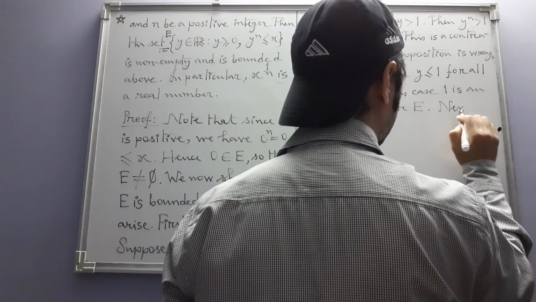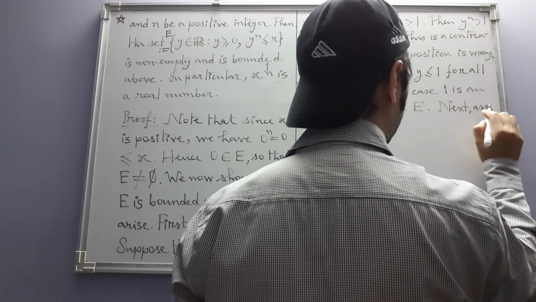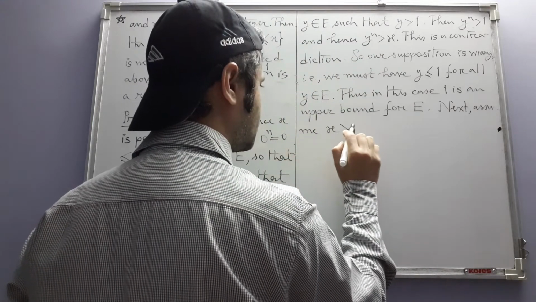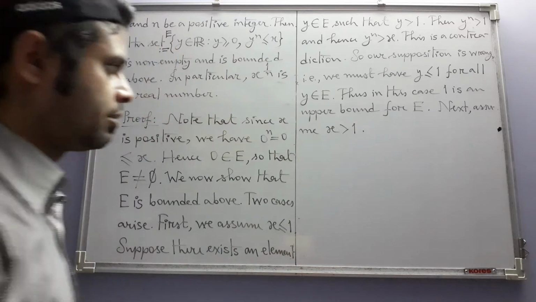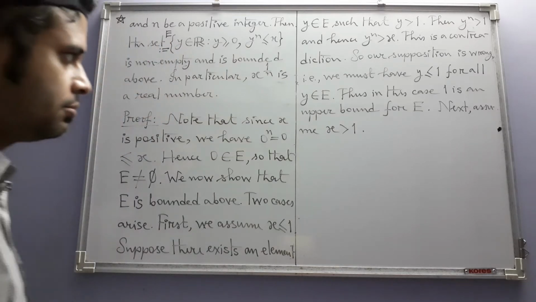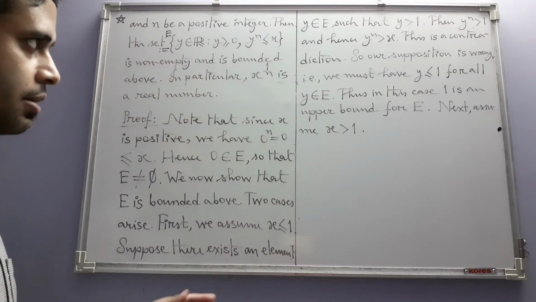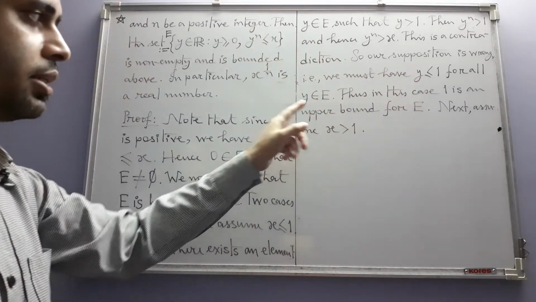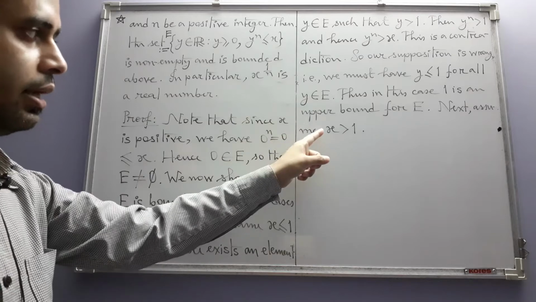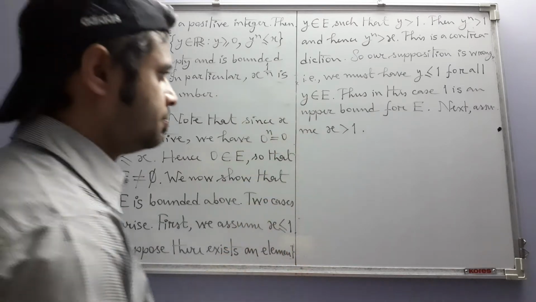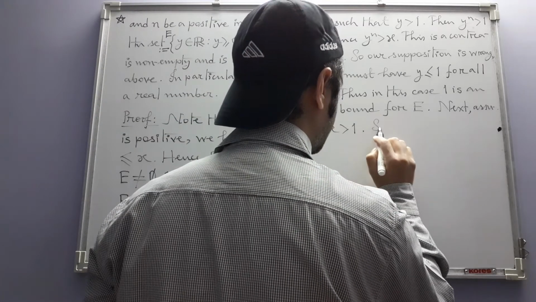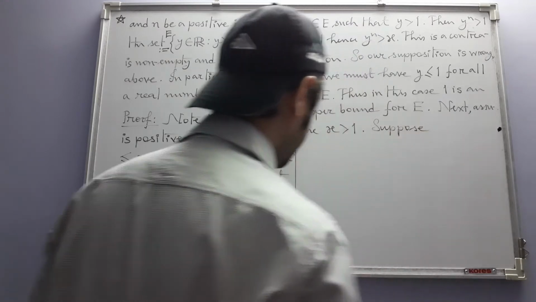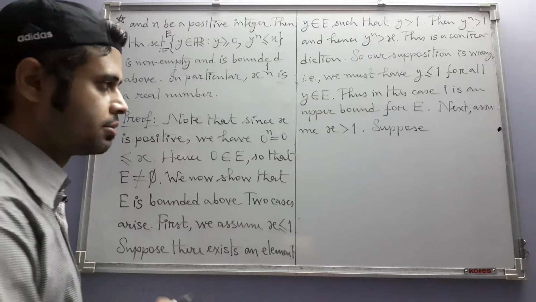Next, assume that x is greater than 1. In this case, just like in the previous case we showed that 1 is an upper bound, we aim to show that x is an upper bound. So, contrary to that, we suppose the existence of an element in E which exceeds x.